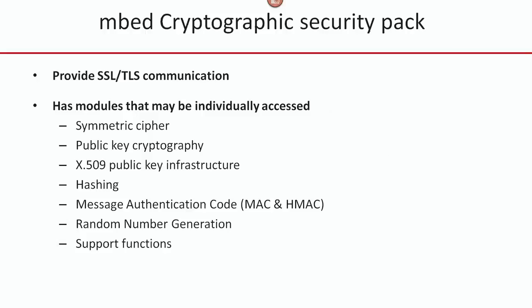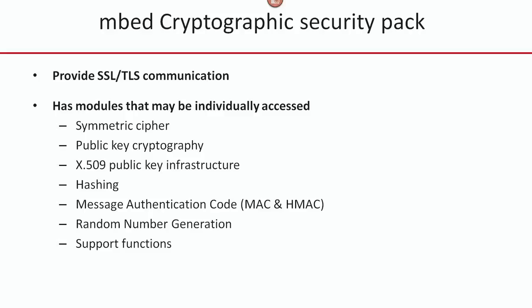So within the Mbed cryptographic security component, we have a number of algorithms, a number of symmetrical ciphers. Also, it supports public key cryptography, public key infrastructure with X.509 certificates.